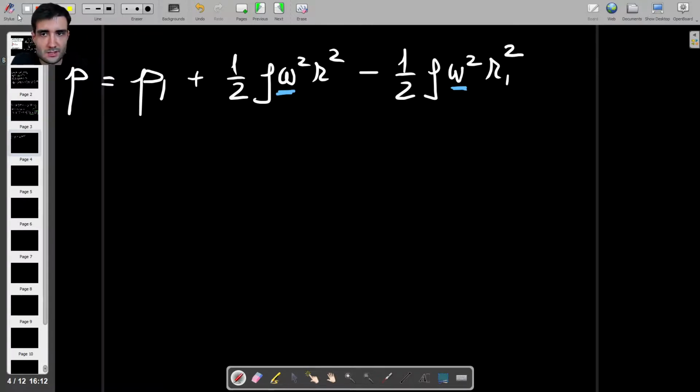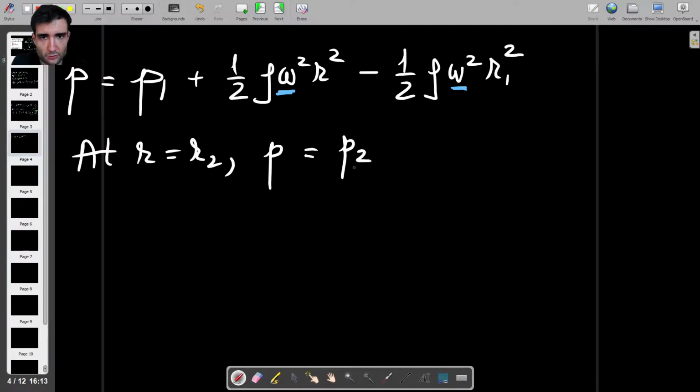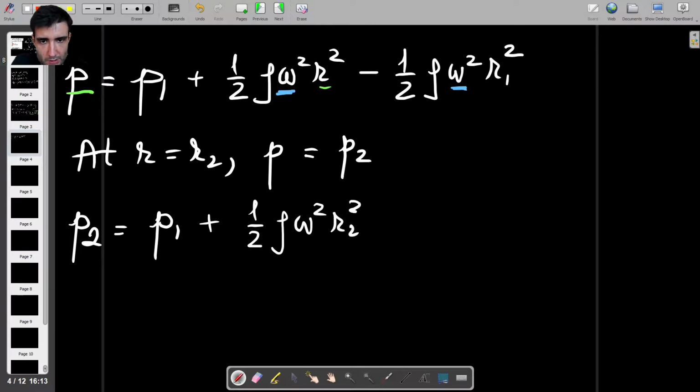So what I'll do now is I'll use the reading of the other manometer. So at r equals r2, the pressure is equal to P2. So I'm just replacing the P with P2 and the r with r2. So P2 equals P1 plus 1/2 rho omega squared r2 squared minus 1/2 rho omega squared r1 squared.